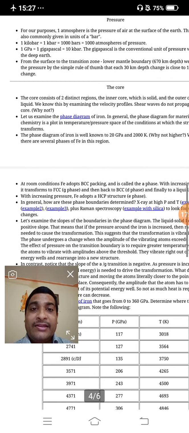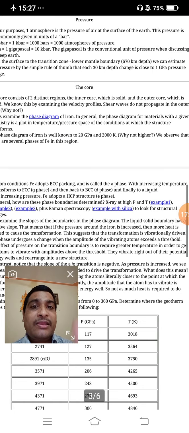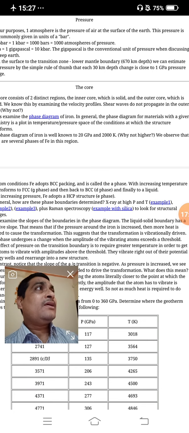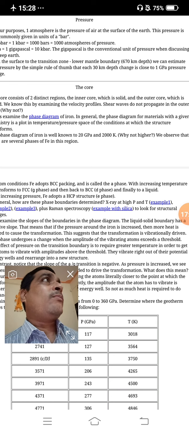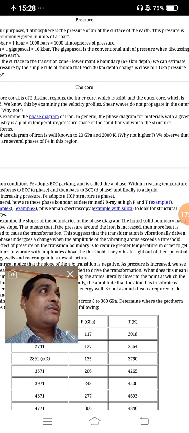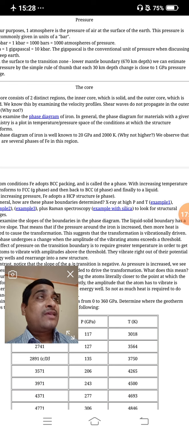That's the reason we identify the internal structure of the earth based on seismic waves. P means primary wave and S means secondary wave.